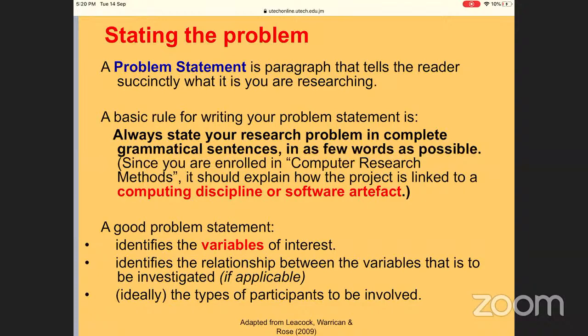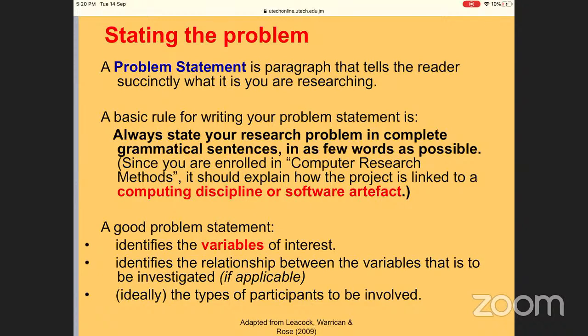Good? So if a problem statement is well written, it identifies all the variables of interest that are important, usually one, two, or three. Actually, there could be more variables, but the most important ones are in the problem statement. And if you want to find out if there is a link, a problem statement may say it is unclear whether sleep is associated with obesity, which by the way, there is.